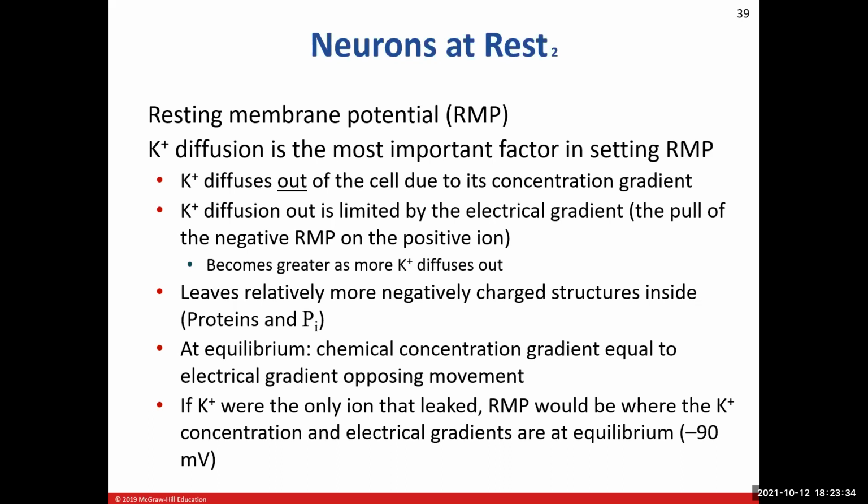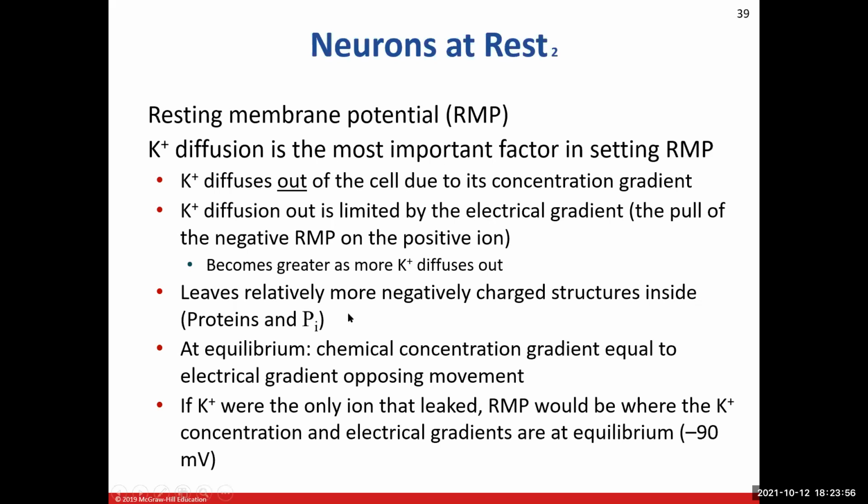In the beginning, the concentration gradient is so large, it just starts to diffuse out. But as the concentration gradient becomes less and less, and as we get closer to equilibrium, the electrical gradient is going to play a larger role on that potassium. And so it's going to slow down its ability to diffuse out.